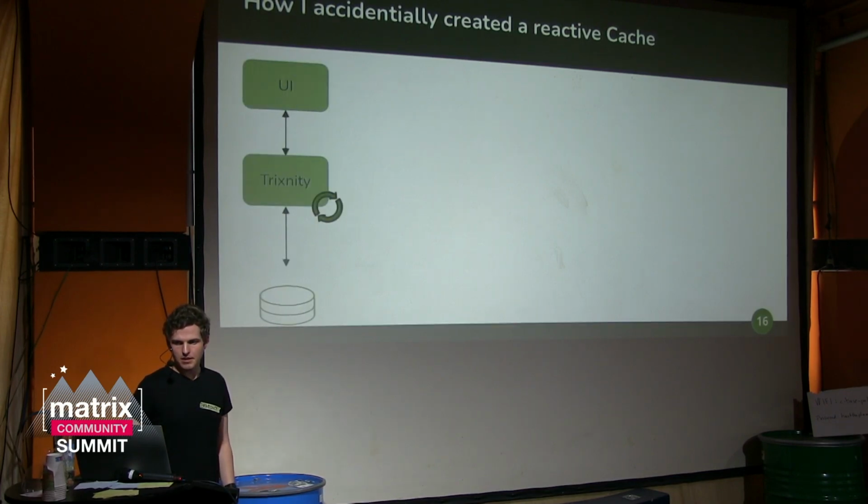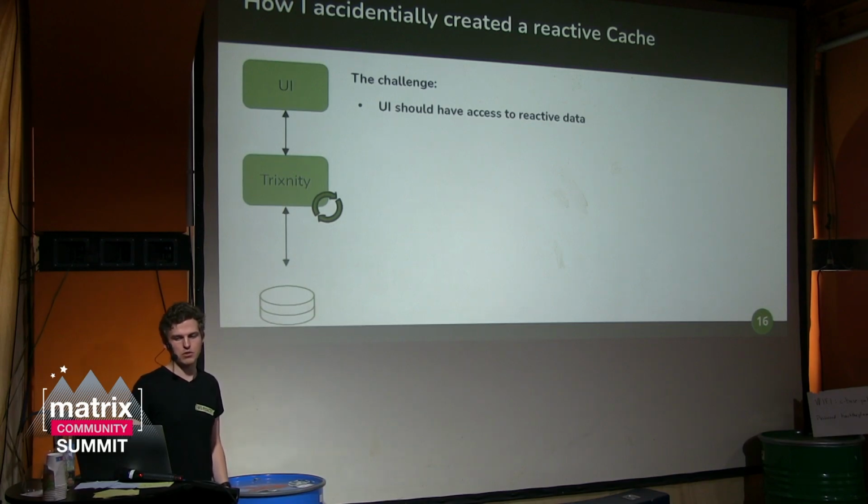Now I came to the cache and how I accidentally created it. The challenge when we started was we want to have a UI with reactive data. So when a username changes, we want that the UI sees this change. Also when the timeline event is redacted or edited or a reaction is added to a timeline event, we want all this reactive stuff to the UI.